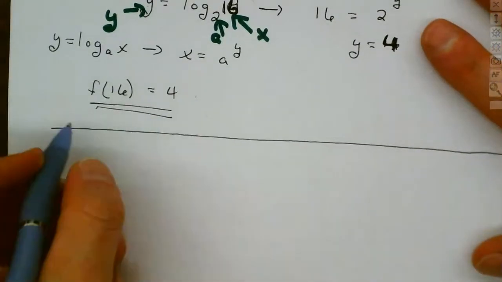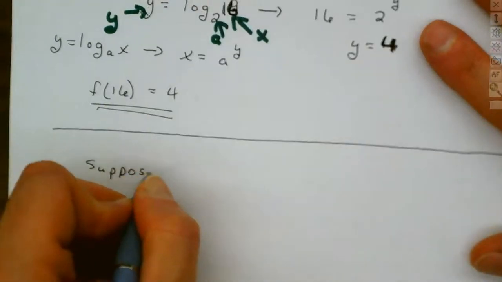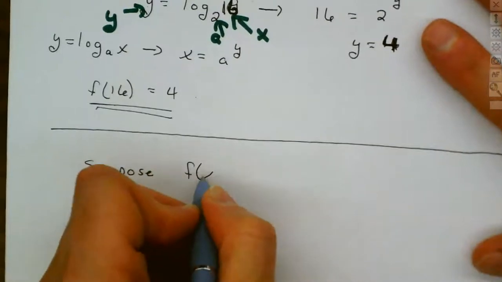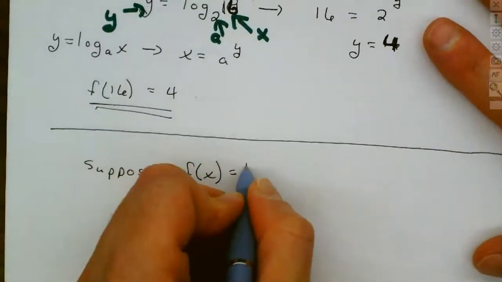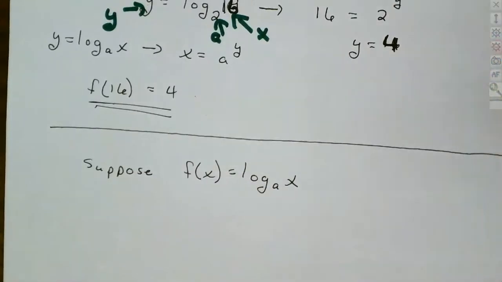I'm trying to use the same directions here. Suppose again f of x equals log base a of x. And I'll just do the one from your homework. I'll just do question 10.